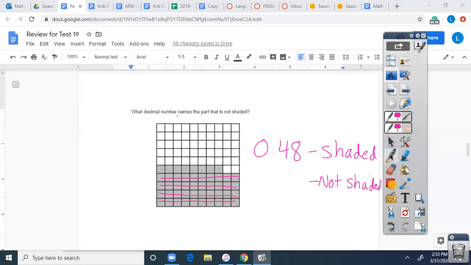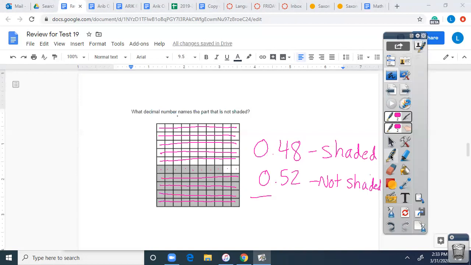You could do 1 minus 0.48, or you could just count the not shaded parts. 10, 20, 30, 40, 50, 51, 52. 0.52 is not shaded. Okay, 48 hundredths is shaded, 52 hundredths is not shaded.